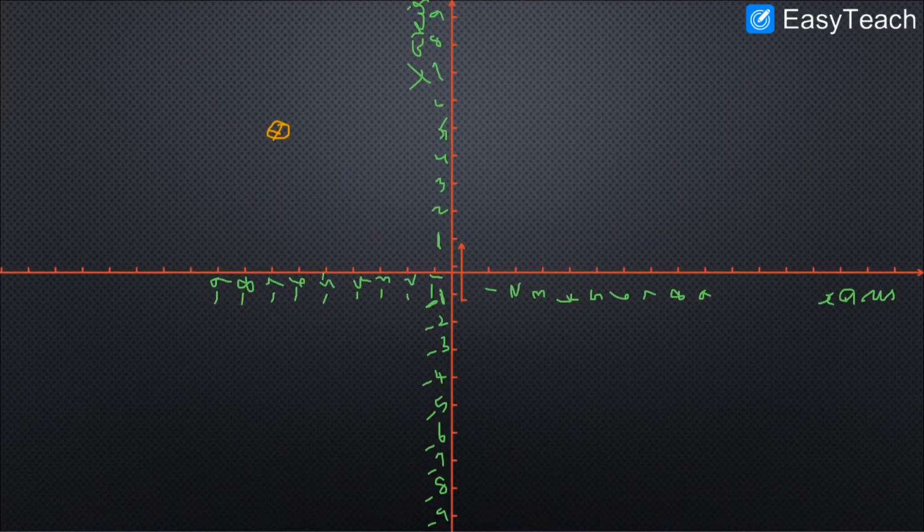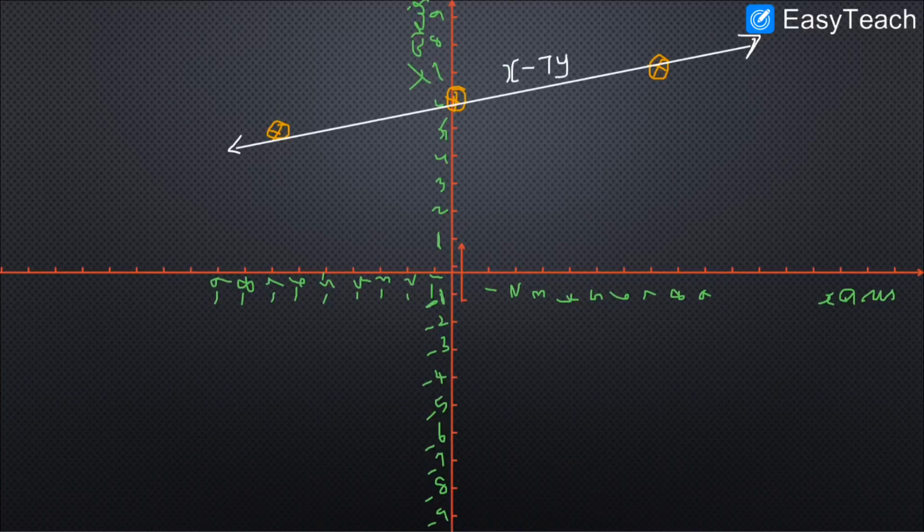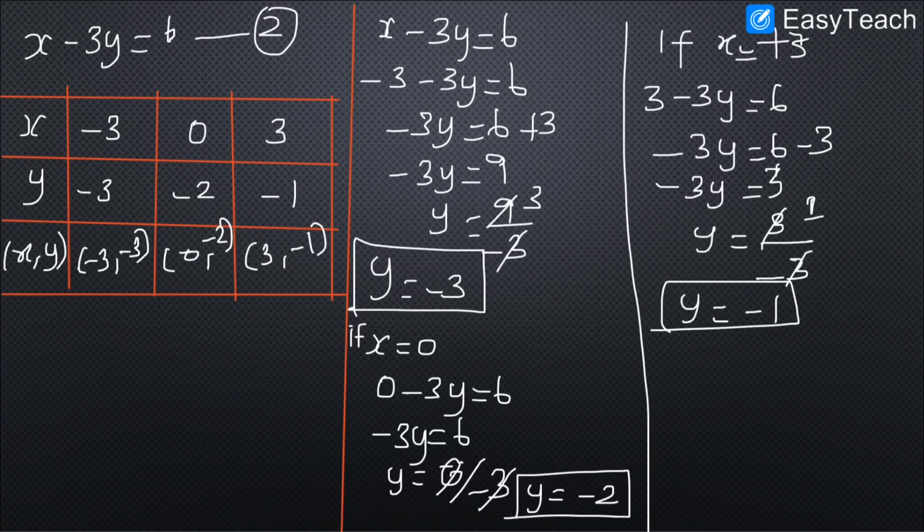Next 0 comma 6: x value 0, y value 6 here. Next is 7 comma 7, which gives me the place here. If I join these points with a straight line, this is how it will look. This is the straight line for x minus 7y equals minus 42.